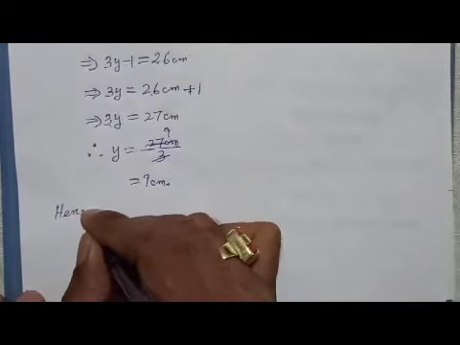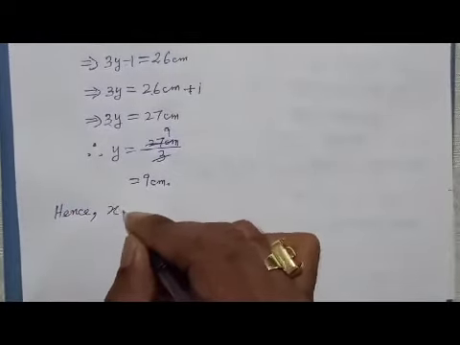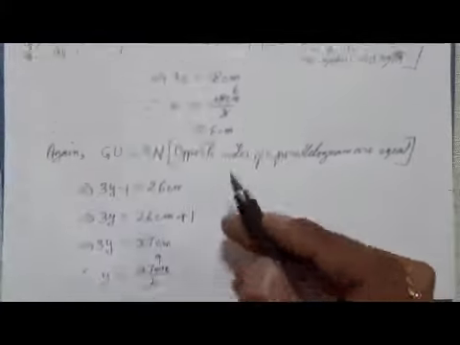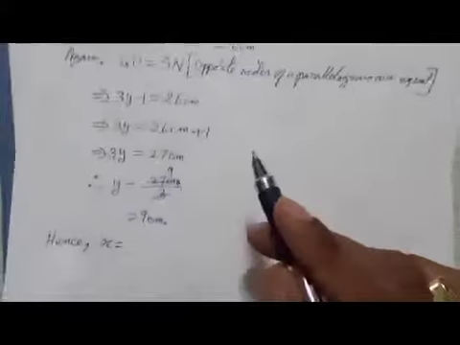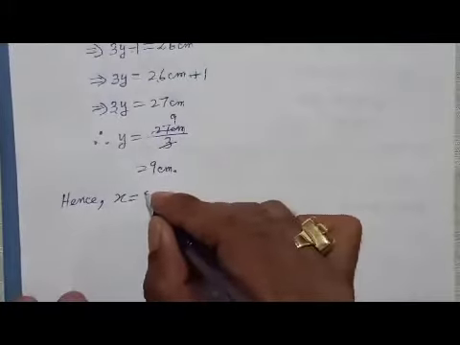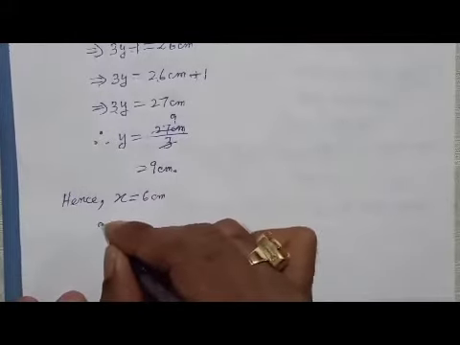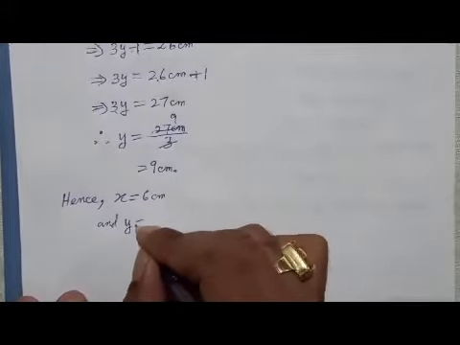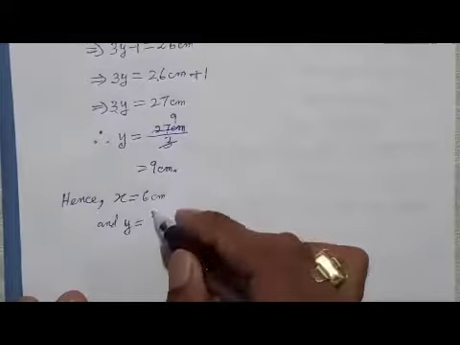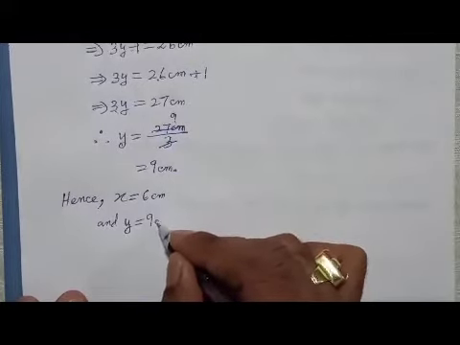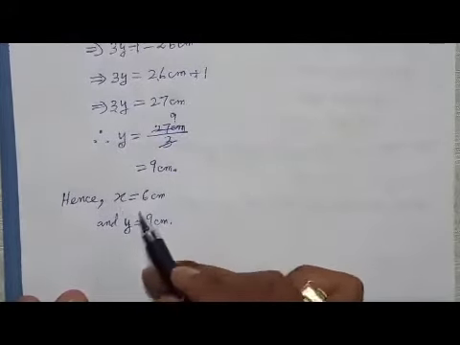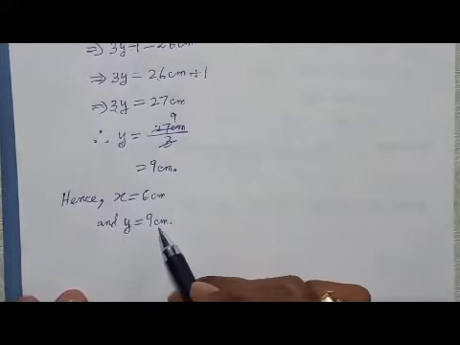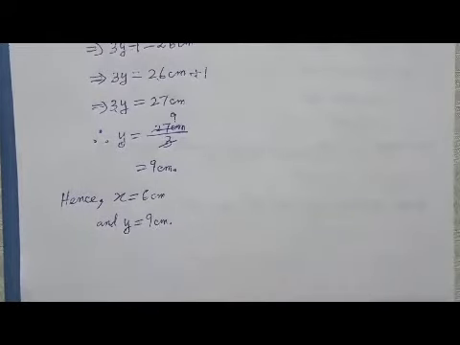Hence, x is 6 centimeter and y is 9 centimeter. In this question, it is said to find out x and y. X is 6 centimeter, y is 9 centimeter. Here, this question is over.